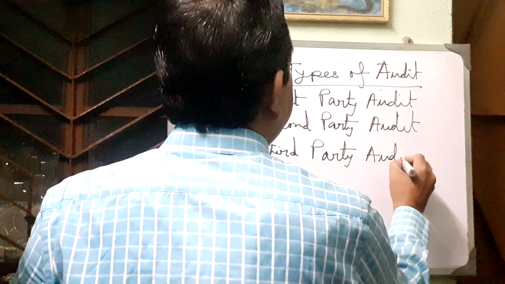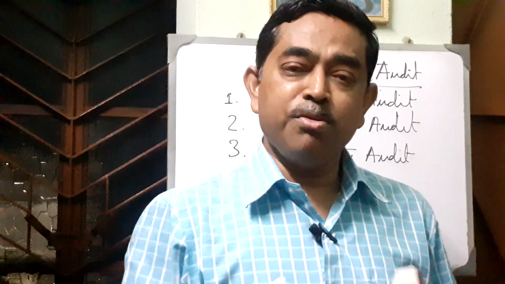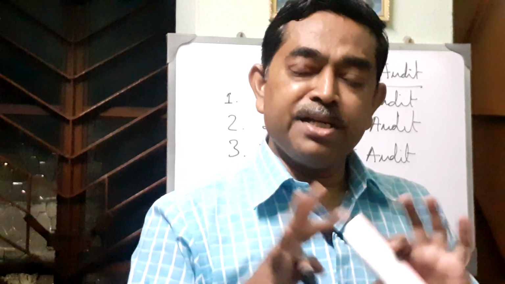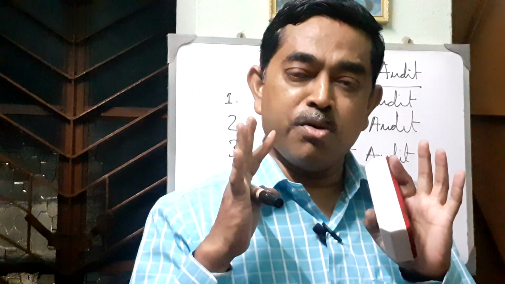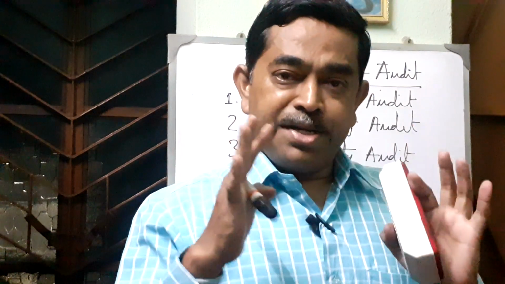The first party audit is called the internal audit of the organization. It is done internally, and internal auditors carry out the audit. This is called the first party audit.